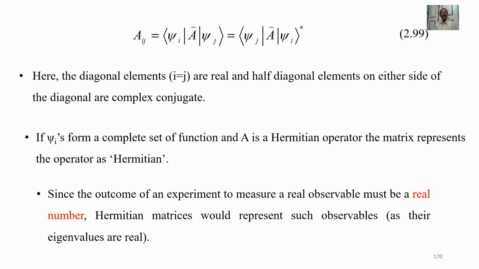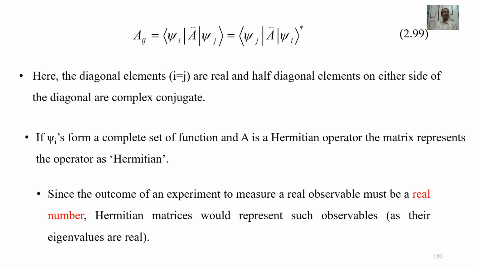So Aij equals A sandwiched between bra psi i and ket psi j, and we interchange bra with ket. You have to go only with a Hermitian operator, so A will also be Hermitian, and Hermitian operators have real values, so A equals A dagger.